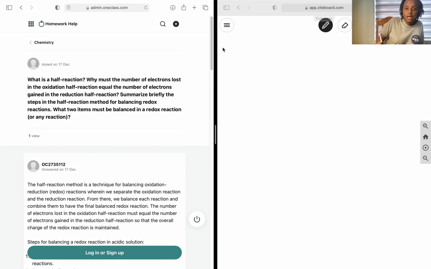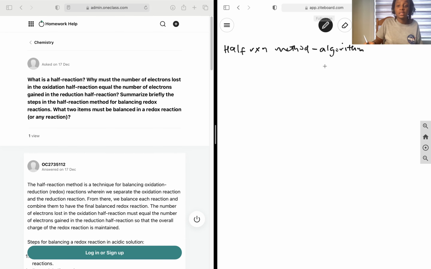Okay, so the half reaction method is an algorithm that helps us balance out redox reactions.